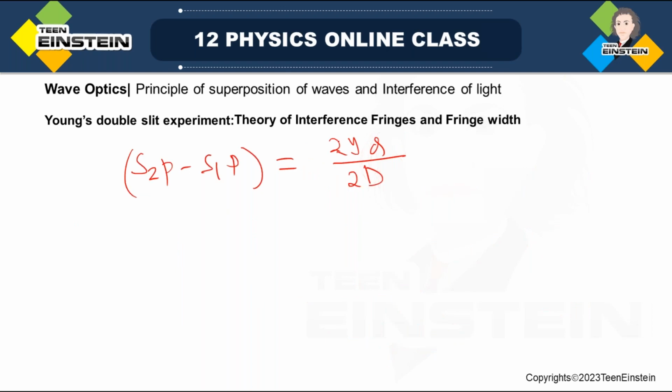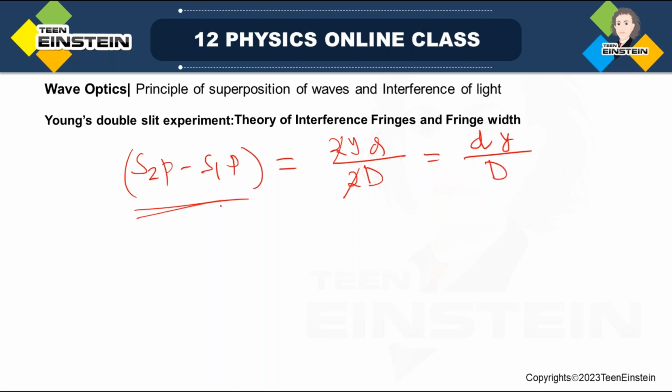So 2D means, you know what you get? You get y into d divided by capital D. So this is what? This is actually the path difference, okay?